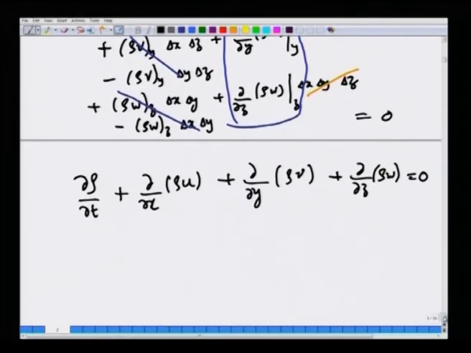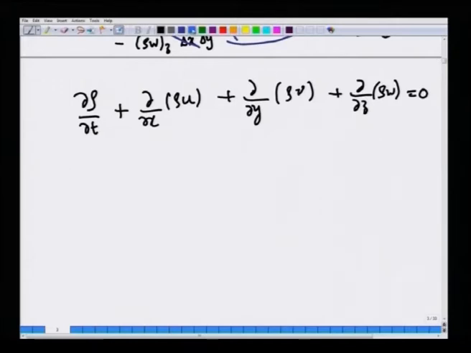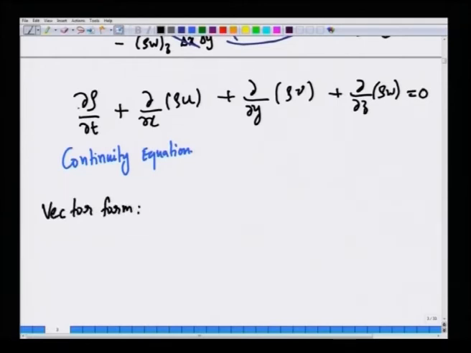Now, this equation is valid at each and every point in the fluid. This is also called the continuity equation or equation of continuity. We also wrote down a coordinate free vector form of this equation. This form of the equation is valid only in a Cartesian reference frame.